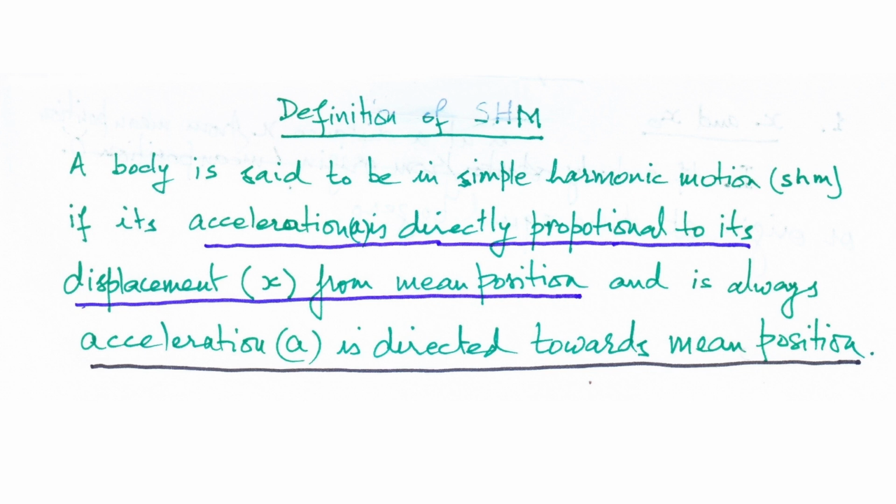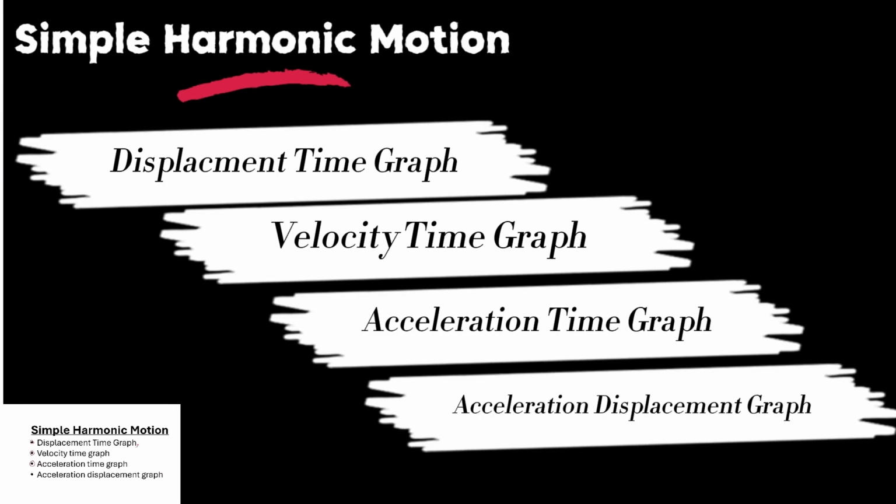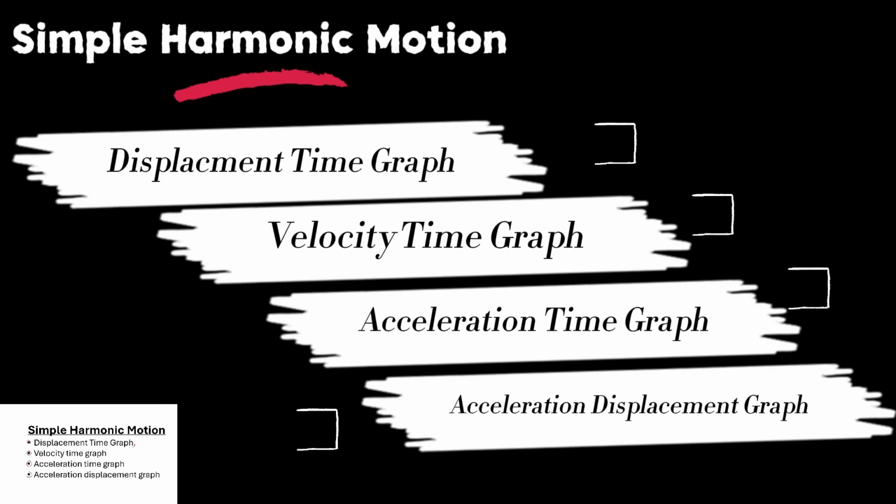If you look at the definition, there is an underline in blue and an underline in black. These 2 points you have to write down to score full marks for the definition of simple harmonic motion. Here I finish the graph section and the definition.